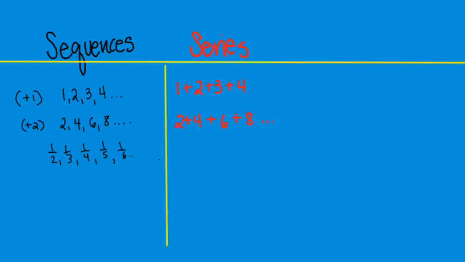Remember, this was like one of our homework problems, but if I have 1/2, 1/3, 1/4, 1/5, I'm just adding 1 to the denominator, right? But if I do this with fractions in a series, then I'm adding the fractions 1/2 plus 1/3 plus 1/4 plus 1/5 plus 1/6.